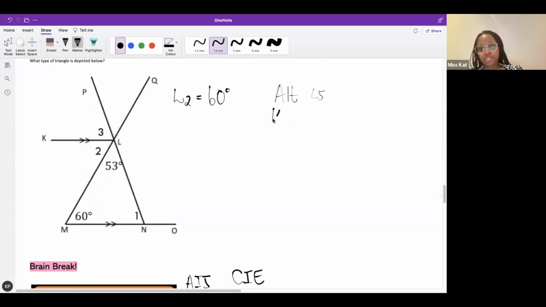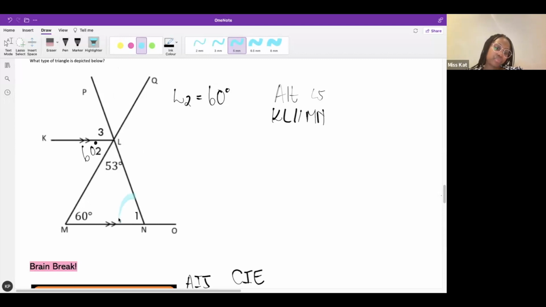Okay, so it says KL is parallel to MN. Wonderful. So now we know that L2 is 60. How are we going to use that to find N1? Does anybody know? Okay, Oral Dean, use a different method. We haven't done that yet, Oral Dean, but it's good that you know it.